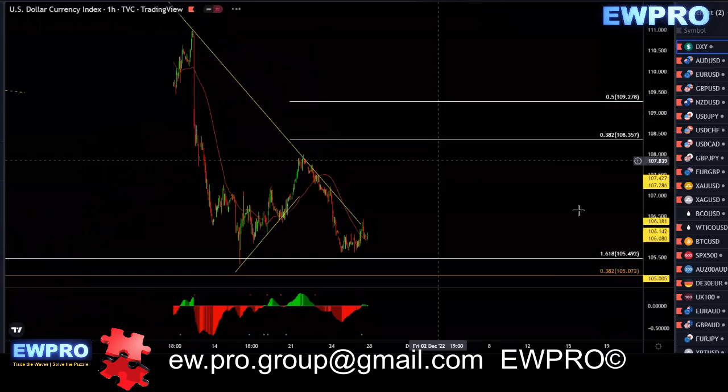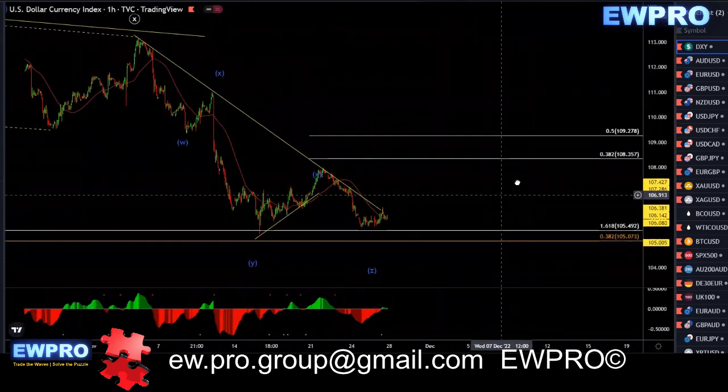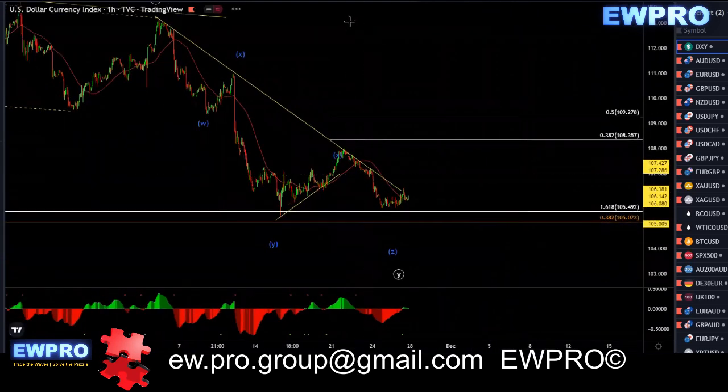On the H1, I was looking at a WXY, X2 and a Z down. This X2 became larger, so we just got a WXY down, a larger correction, and I'm looking for some sort of a correction in here like I showed on the H4.